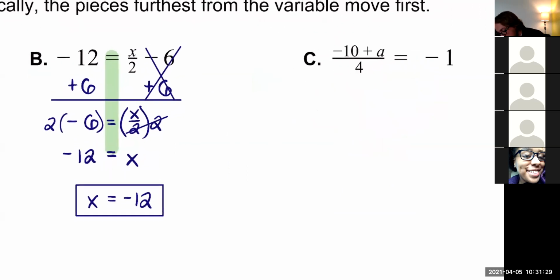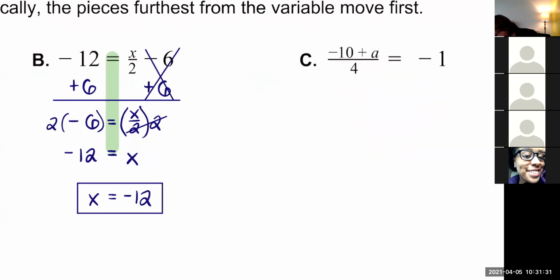Last one. I've tried to make some that look a little bit scarier than what they actually are. Multiplication first. You're absolutely right. I'm curious though. What made you choose that? Because there's that horizontal line, means that whole equation is division, so you get rid of the 4.